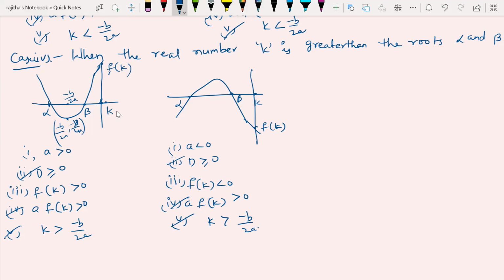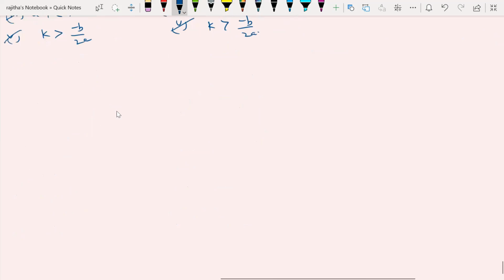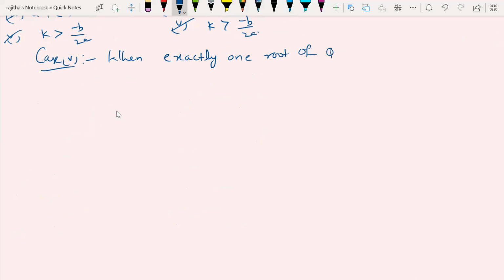Next, one more case, the fifth case. Case 5: exactly one root of the quadratic equation lies between k1 and k2, that means k1 is less than k2.